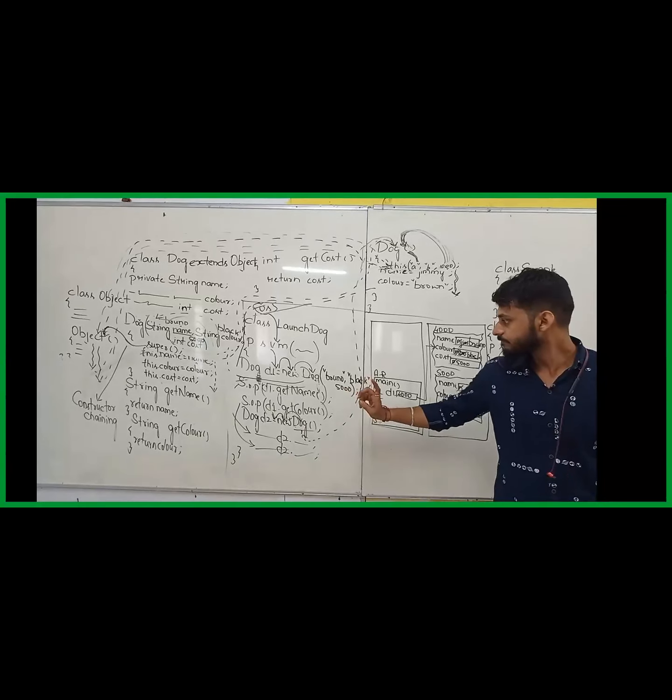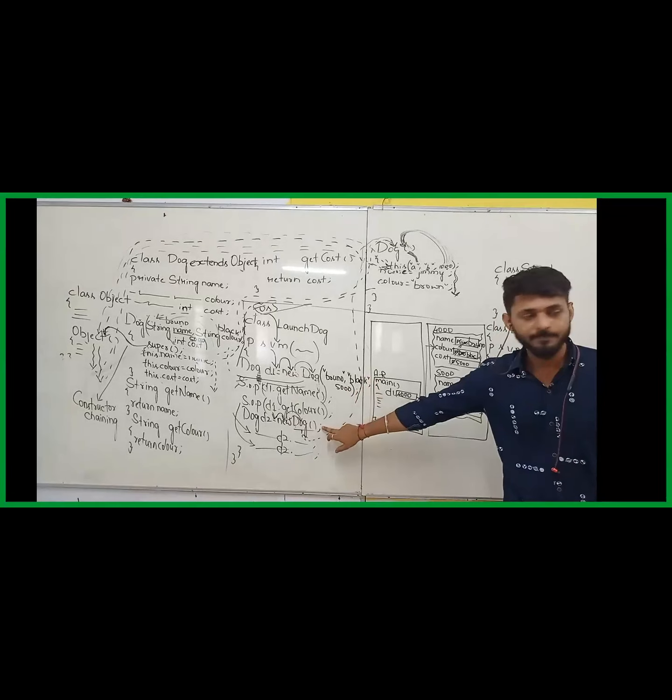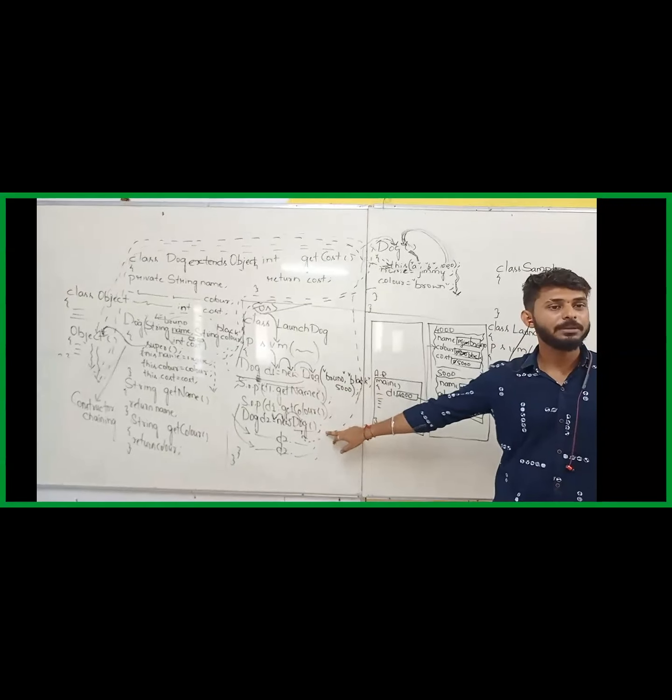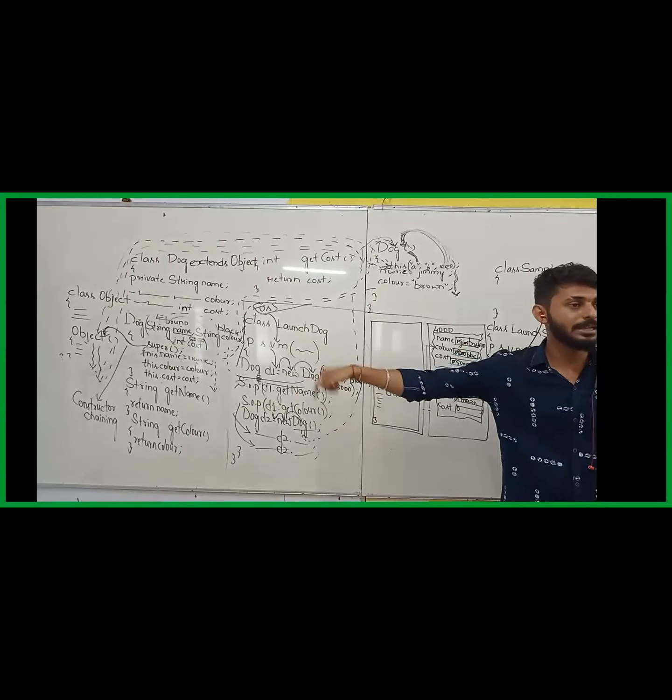In today's class, the very first program was I created an object with 0 parameters. Only one I have created. And then what I have done? I have not included that respective constructor. Getting it? Then what will happen? Compiler will include one default constructor.